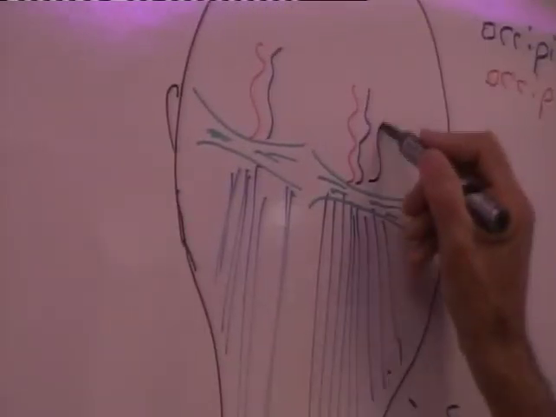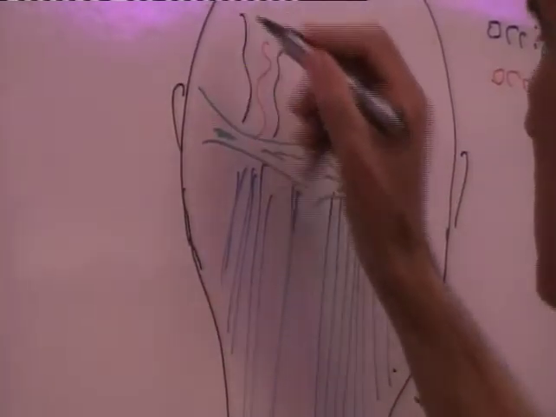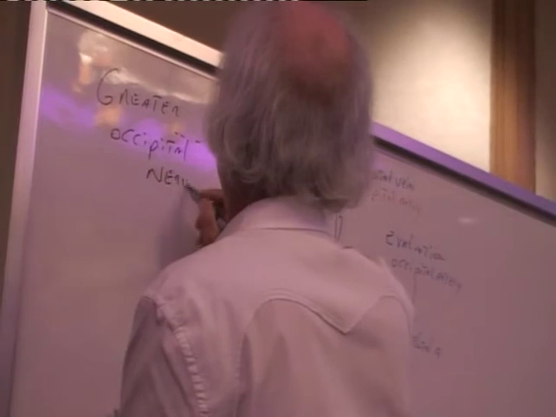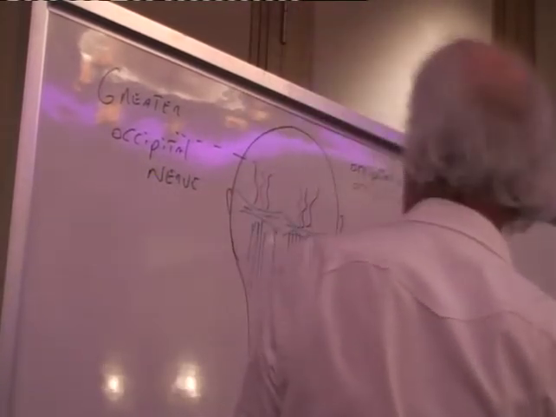we have also, we will see, the greater occipital nerve. And this nerve, we will see, is so important because it is connected with the trigeminal nerve.